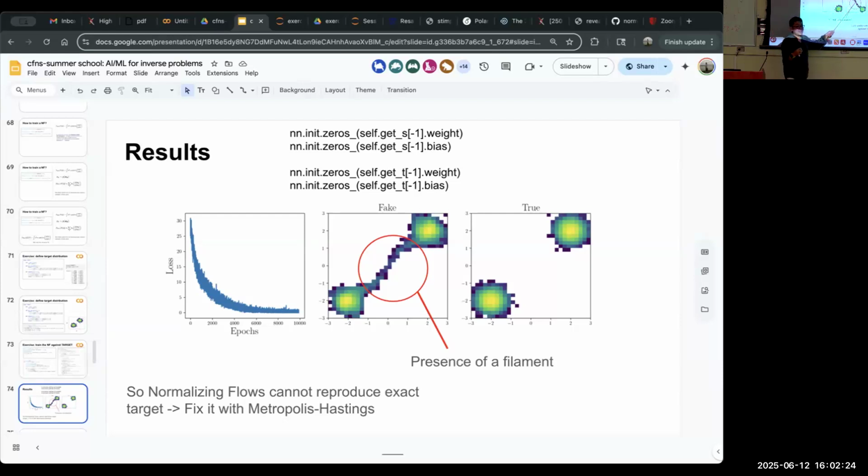So the normalizing flow has trouble by construction in changing some topological behavior. And so at that moment, you can say, well, why did we spend an hour doing this if it doesn't work at the end of the day?